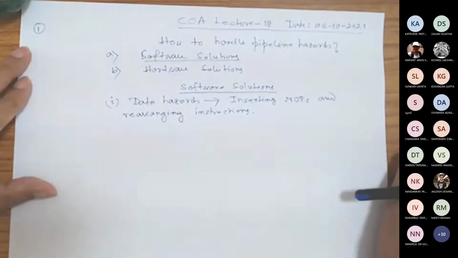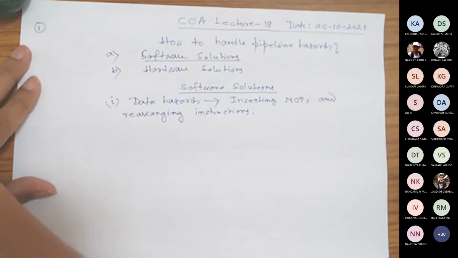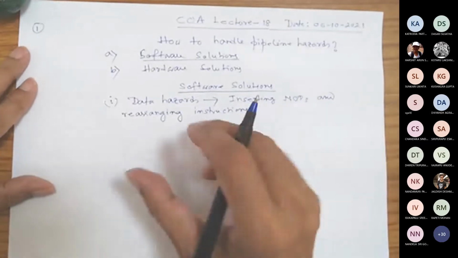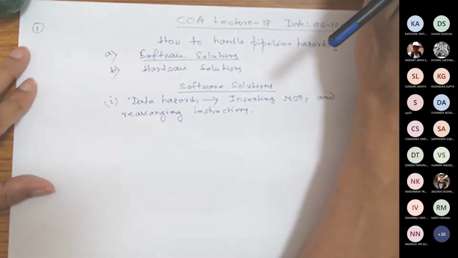That we have already looked into. Okay, how basically we can insert NOPs and how rearranging can actually help us to remove some of the data hazards. Okay, I hope that you remember those examples that we did.